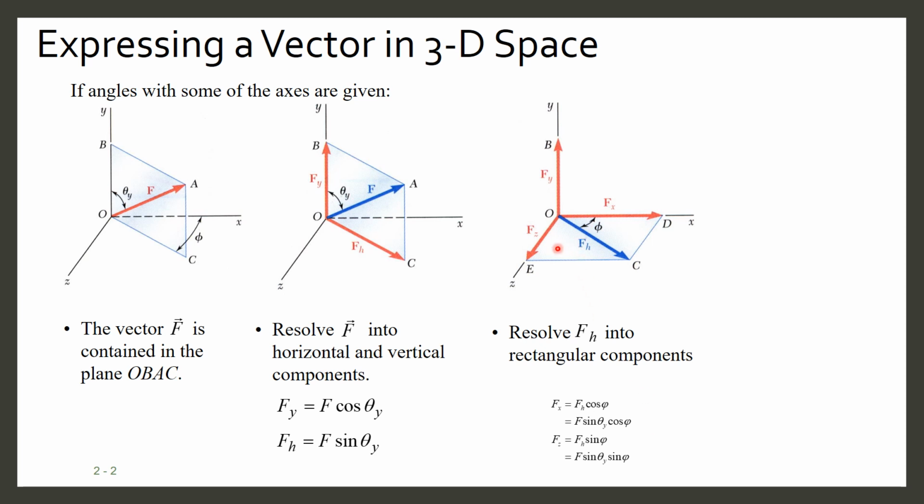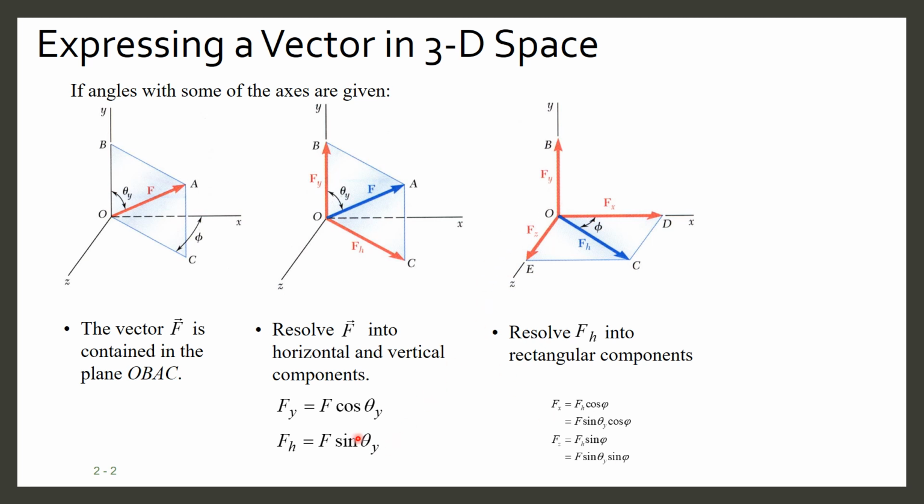Similarly, you can resolve Fh in the z direction: Fz is Fh sine phi, and replacing Fh we get F sine theta y sine phi. So now all three components are resolved.